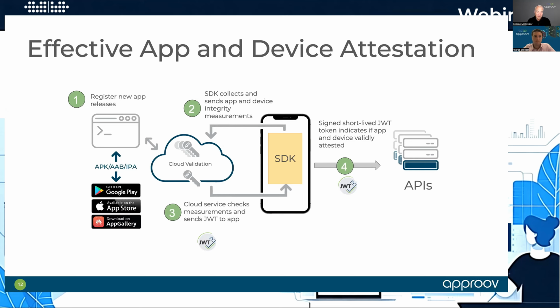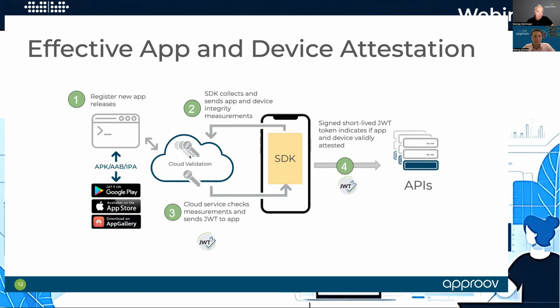This is initiated automatically, and the Approov SDK verifies the environment. And then it sends information back to the cloud service. So this is a very critical piece. The validation is not actually on the device and can't be tampered with.